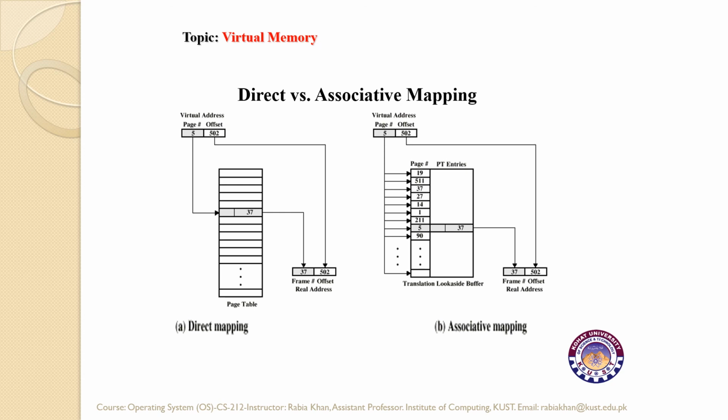So, only a single access to main memory is made to get the actual location. Keep in mind that a page table is maintained for every process, which means every process has its own respective page table. But only one translation look-aside buffer is maintained for all the processes. No process has its own translation look-aside buffer. Only a single translation look-aside buffer serves all processes.